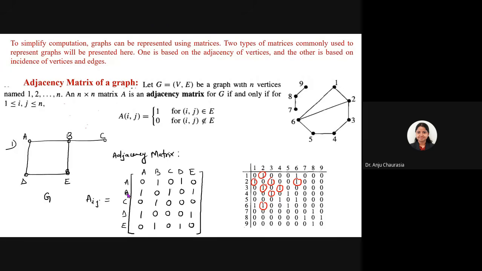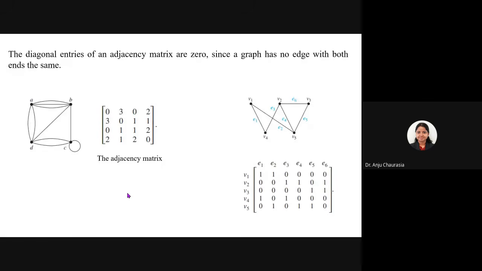Is it okay? Actually, this will be converted into 1.